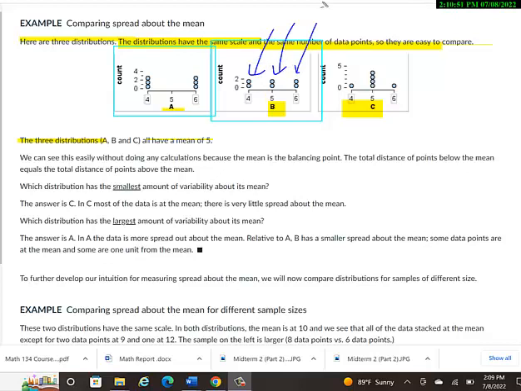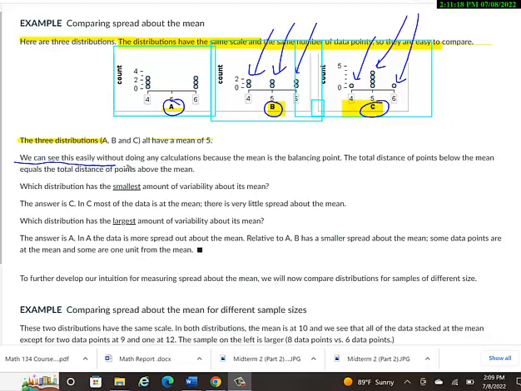And in the rightmost, plot C, the mean is still 5, but this one is almost the most obvious because you have 1 data value at 4, 4 data values at 5, and 1 at 6. They all look pretty balanced about 5.